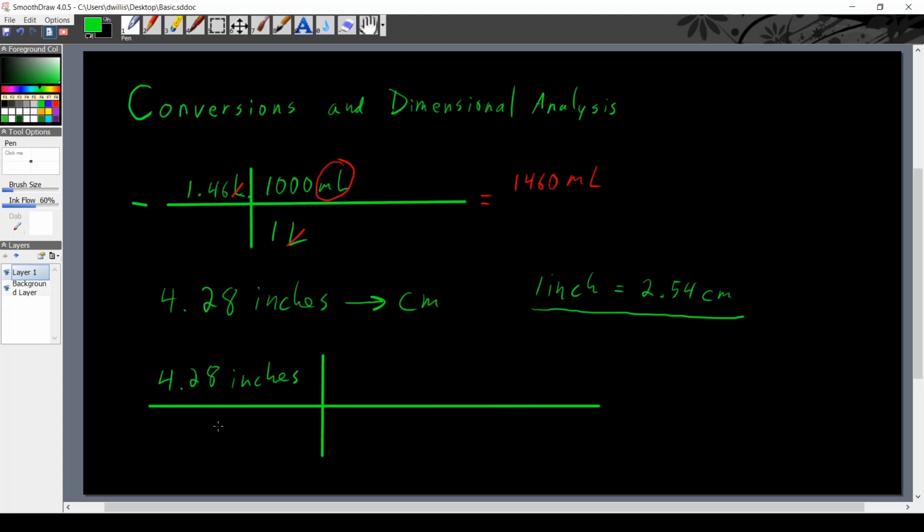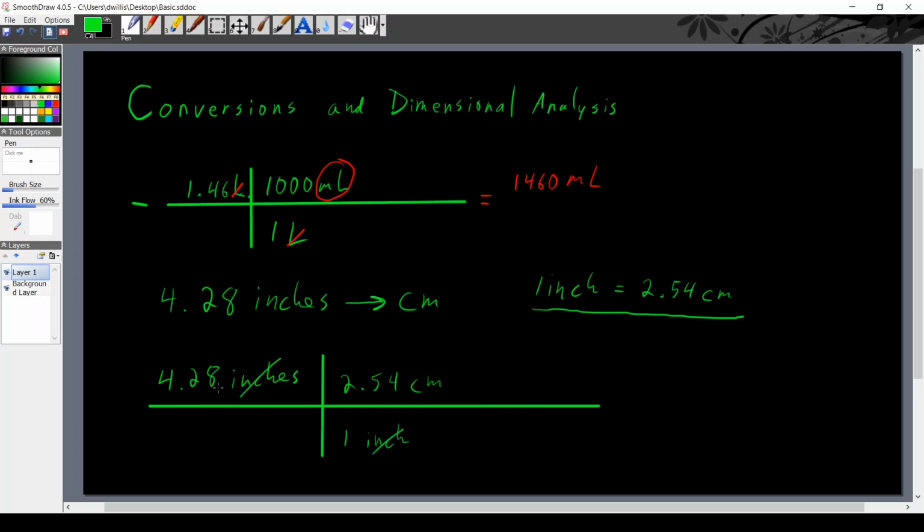If you want to put a 1 there as a placeholder, you can, but it's not necessary. And I know that 1 inch is equal to 2.54 centimeters. All right, and so then I would know that my inches will cancel out.